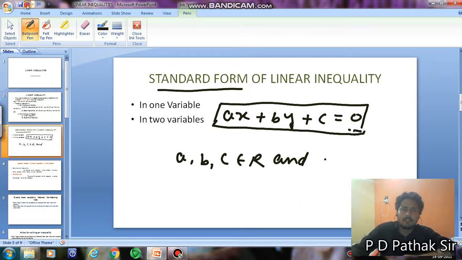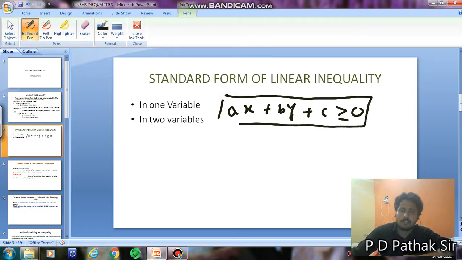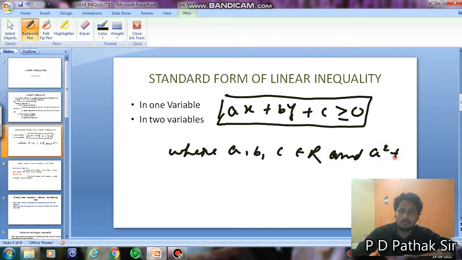Again, if you are writing the standard form of linear inequality in two variables, simply replace the equal sign in ax plus by plus c with less than, greater than, greater than equals to, or less than equals to, put any sign. So this is the linear inequality in two variables, where a, b, c belong to R and a square plus b square is not equal to 0.